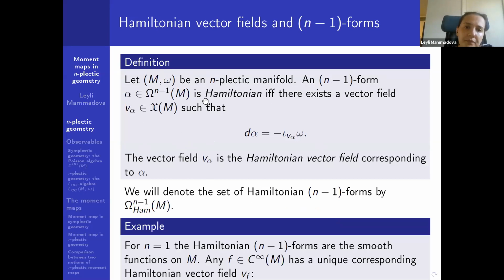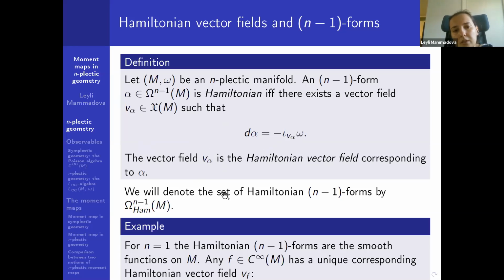Then an n-1 form on M is called Hamiltonian if there exists a vector field such that if you plug that vector field into your omega, you get the derivative of the form alpha. Then this vector field is called the Hamiltonian vector field corresponding to alpha. So since we assumed non-degeneracy, this vector field will be unique.